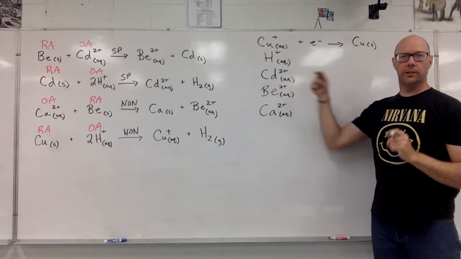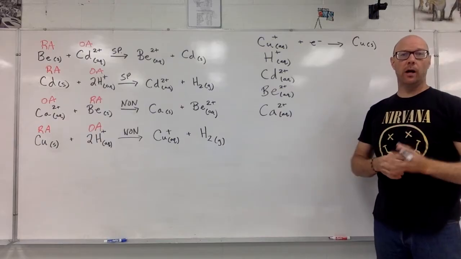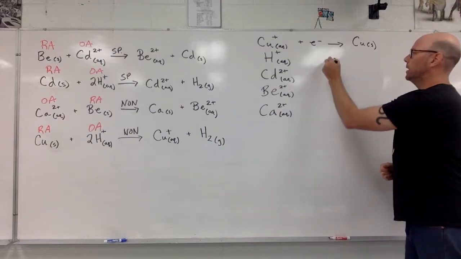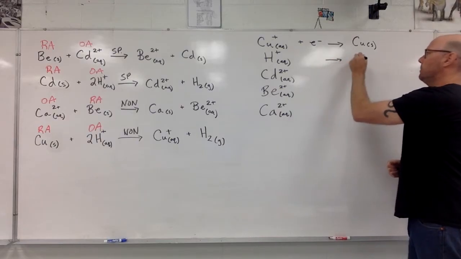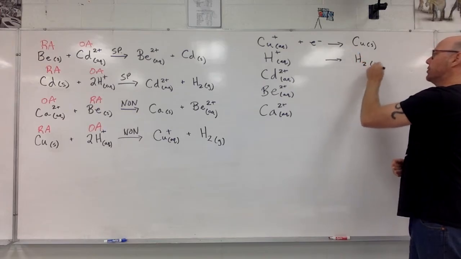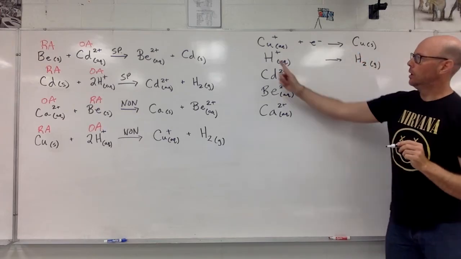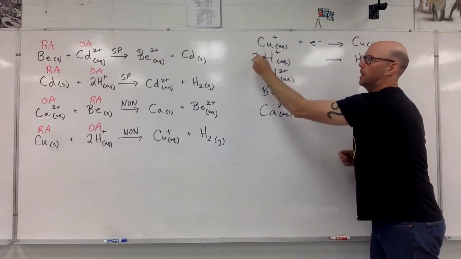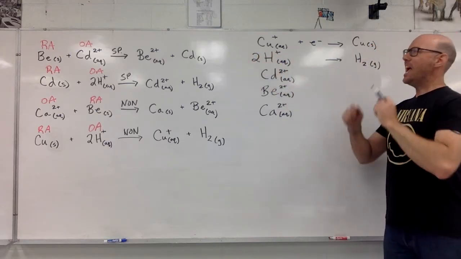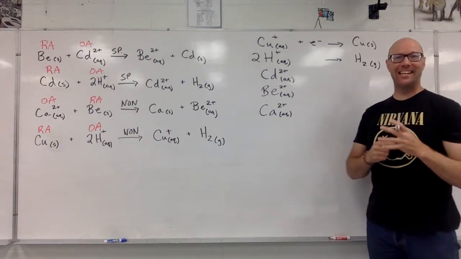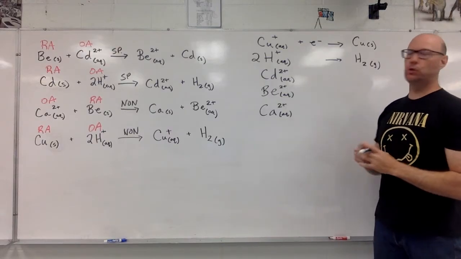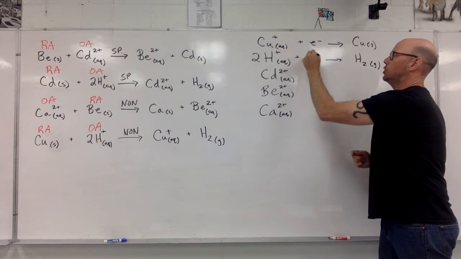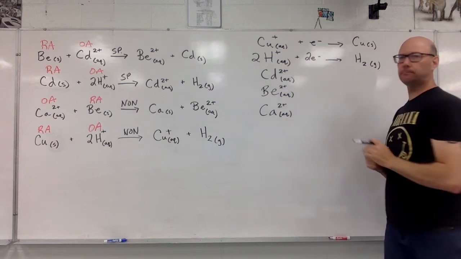These hydrogen ions, they're going to gain electrons as well, but it's going to be a little bit more particular. Because they're going to make hydrogen gas, we need to balance that. It's H2, so that becomes a 2 right there. Each hydrogen is going to gain 1 electron, but there's 2 of them, so it's going to take 2 electrons this time.